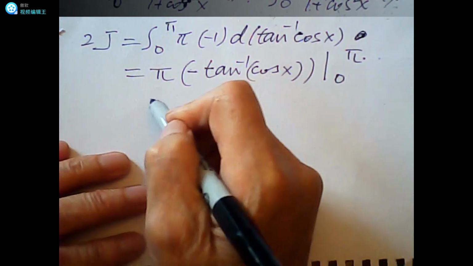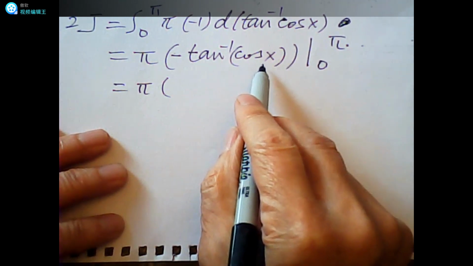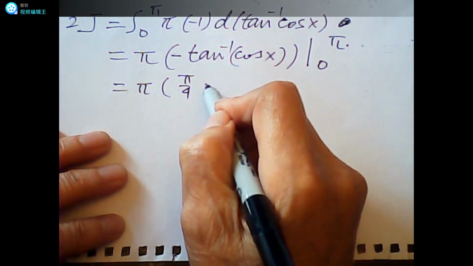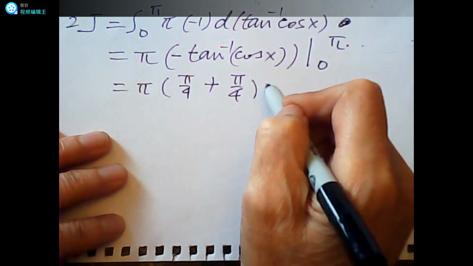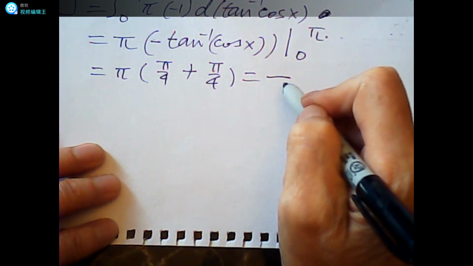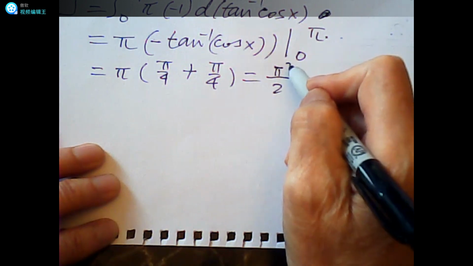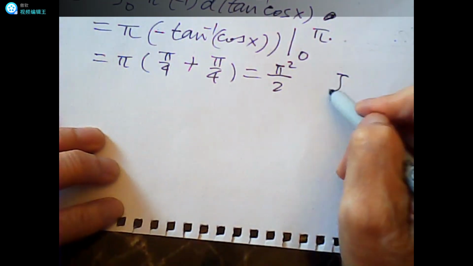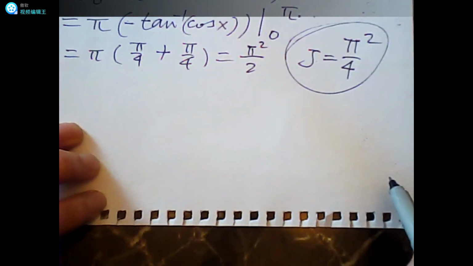So this one is equal to pi times negative, this is a negative, right? It becomes a quarter pi. Minus becomes plus, 0 and the quarter pi again. So this one is equal to half pi square, right? 2J is half pi square. Therefore J is equal to quarter pi square, okay?